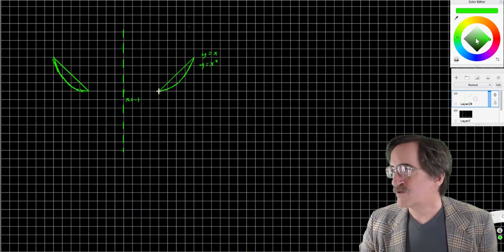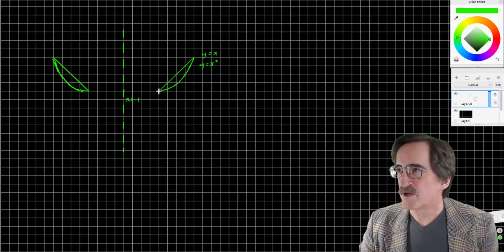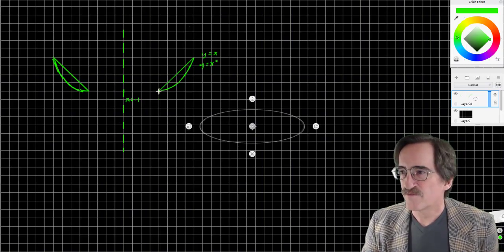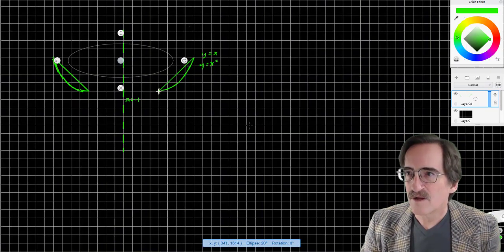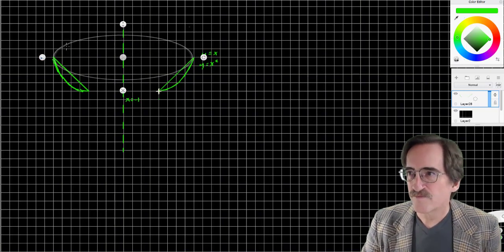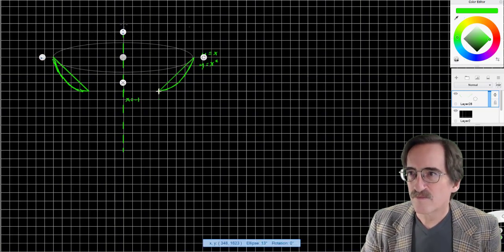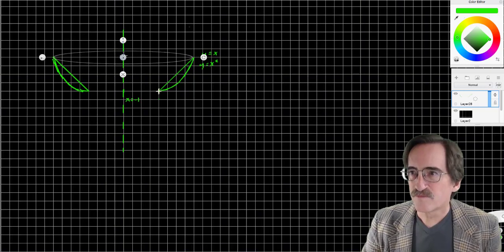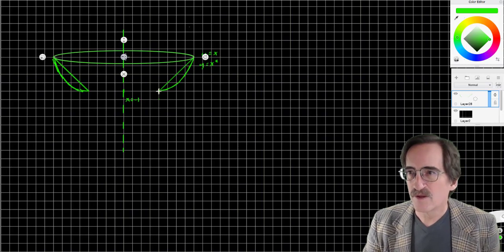Okay, and let's draw the shape it would trace. Grab my ellipse tool. Okay, so we trace this shape here.